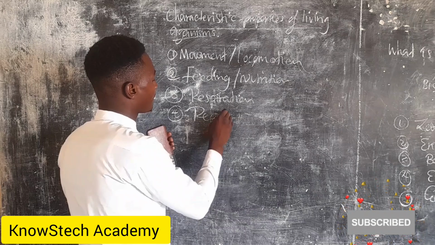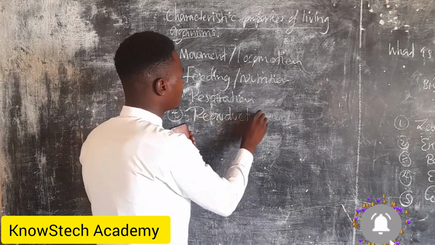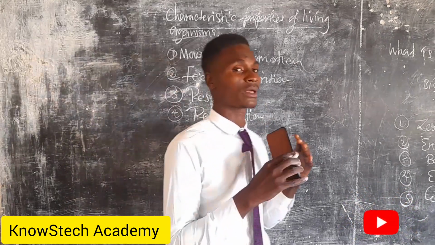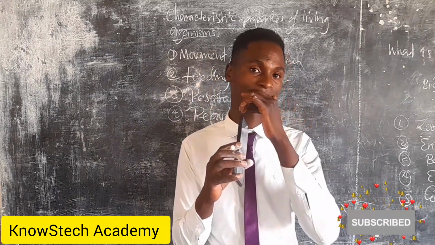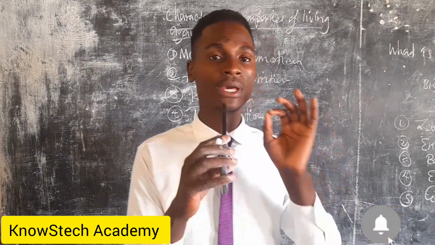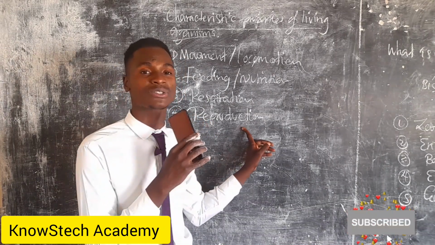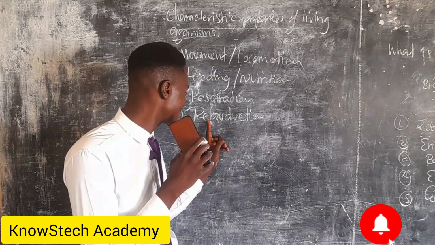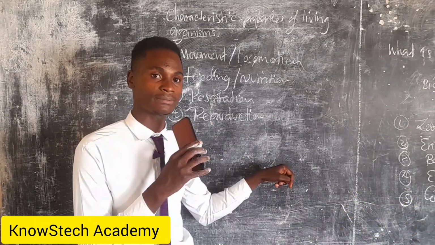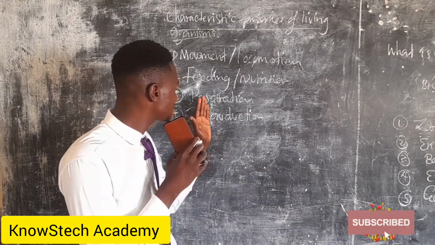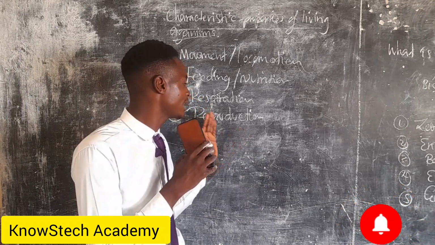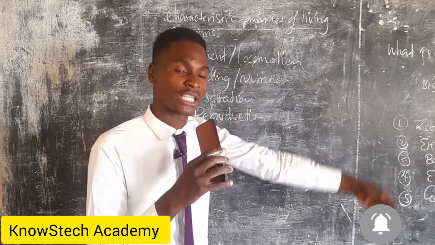reproduction. What is reproduction? This word is also a combination of two words: re and production. The word re means that this thing has already been produced.